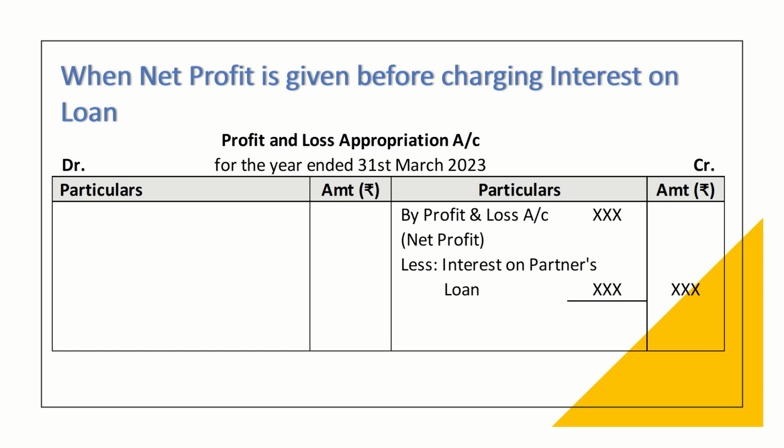In that case, on the credit side of PL appropriation account, where you write the profit and loss balance, net profit, from there you have to subtract the interest on partner's loan to get the final adjusted net profit. You cannot debit this to PL appropriation account. Interest on partner's loan is not an item of appropriation. That is why it is subtracted here to arrive at the correct net profit.